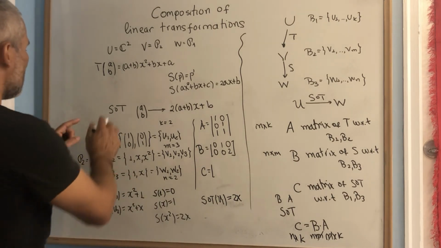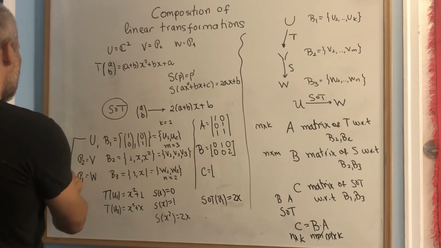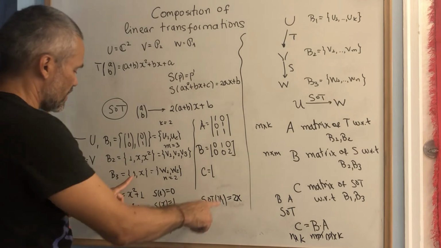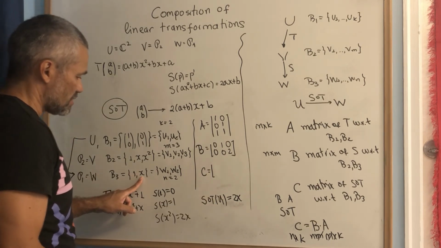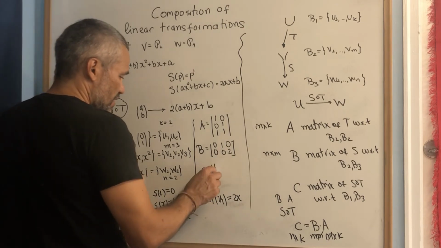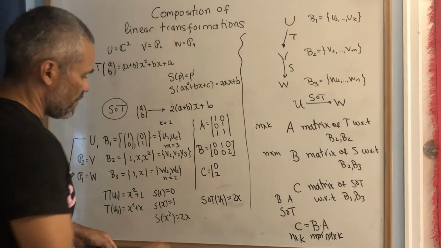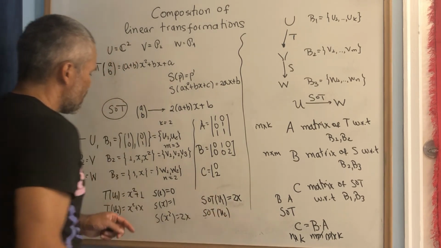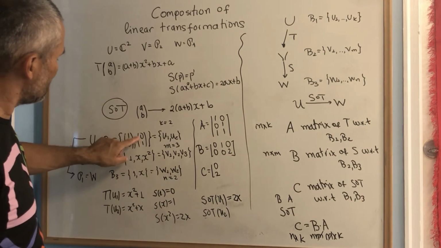Remember that this composition is a transformation from U into W. Then, how do I write 2x as a linear combination of these two? It's 0 times this vector plus 2 times this vector. Then the weights are 0 and 2. Now, if I do the composition at U2, U2 is the vector 0, 1.